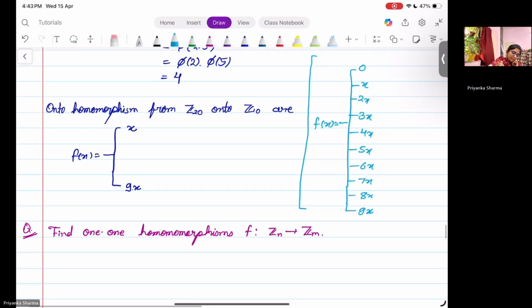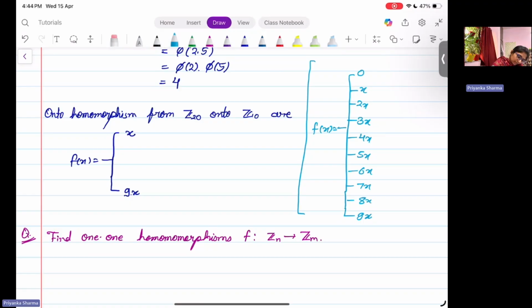Out of these, we will collect those numbers which are co-prime with 10, that is 1, 3, 7, and 9. This is what I was saying: 1 and 9 sum to 10, so if 1 is a generator of Z10, then 9 is also a generator of Z10.